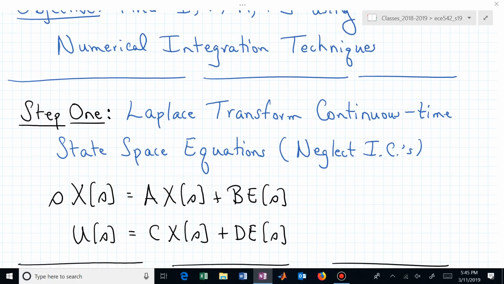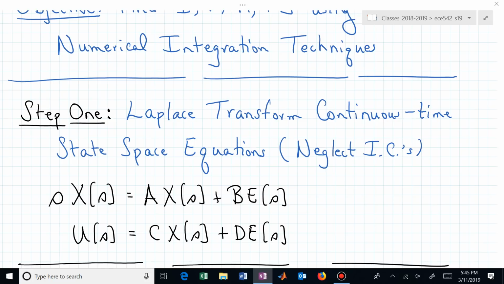Step one is what I'm assuming we can all do, and that's take the Laplace transform of that system of equations, that state space representation that we had in the continuous time setting. And since we're really just worrying about the dynamical behavior, not any solution, we don't need to worry about the initial conditions when we're performing these Laplace transforms.